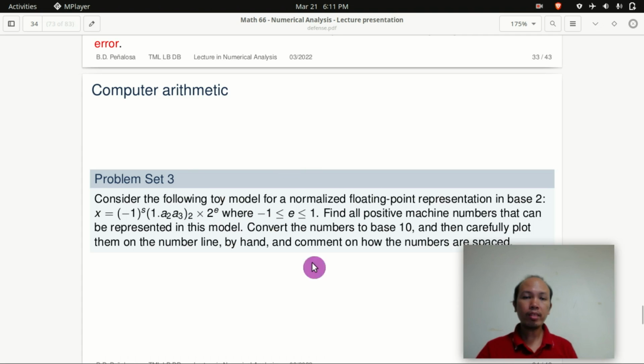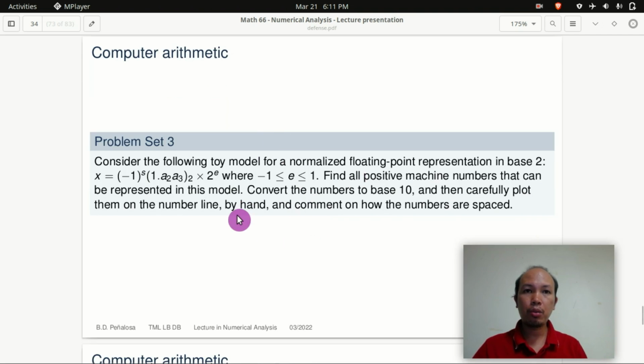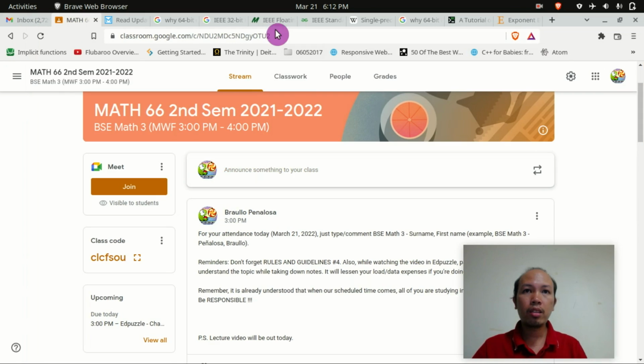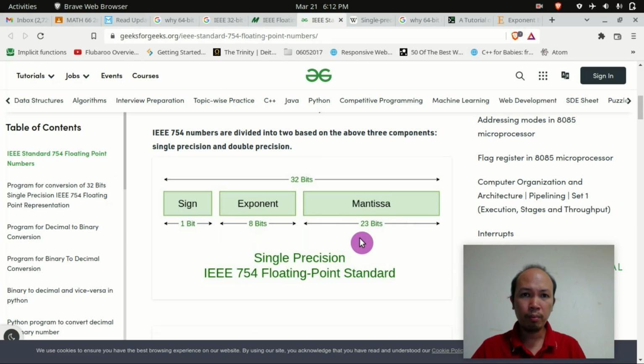So anyway, the next discussion will be about the difference between the 32-bit and 64-bit representation of a given number. There's not much difference, but to give you an overview, this is the figure for the 32-bit operating system.